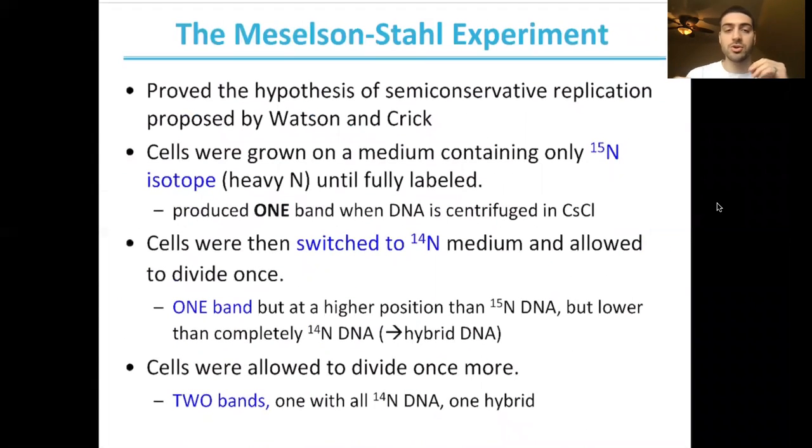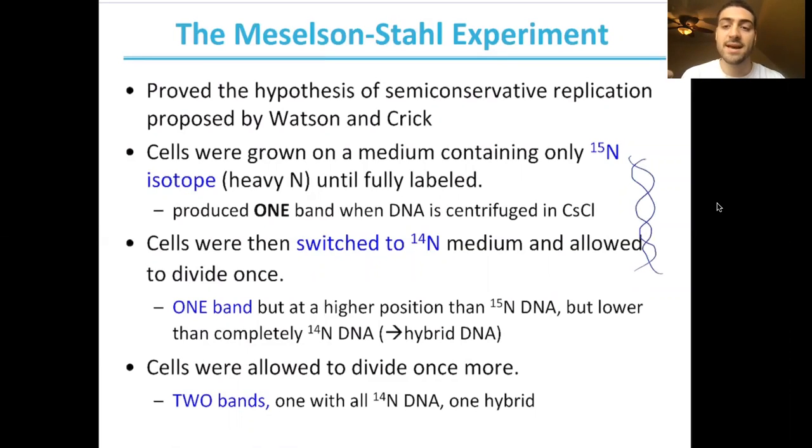and they were trying to prove this hypothesis by growing cells on medium that only contained N15 isotope, heavy nitrogen. So that means these cells, when they were building up their DNA, they only had heavy nitrogen to create their DNA. So all of their DNA would look like this.